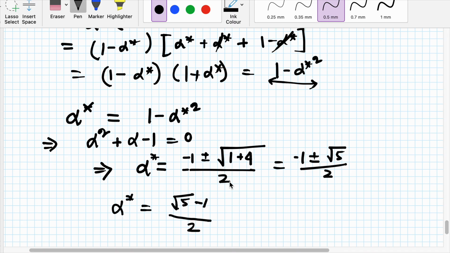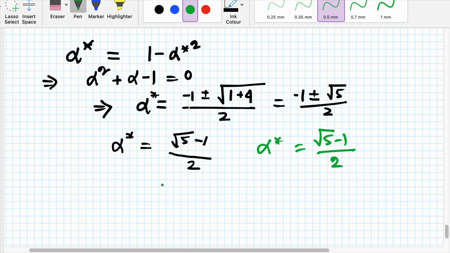So now we have calculated the sampling equilibrium here. That means alpha star equals root 5 minus 1 by 2. So this is the sampling equilibrium.